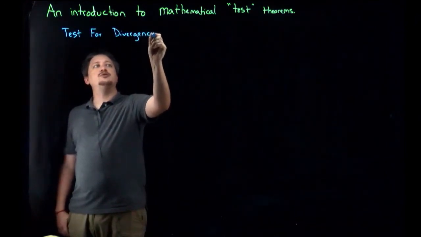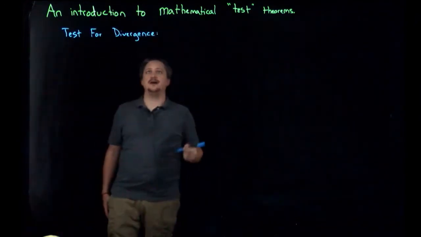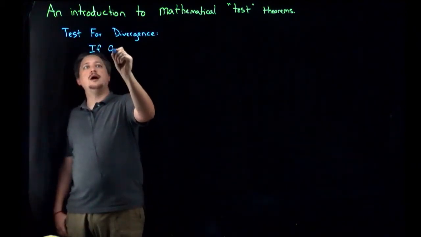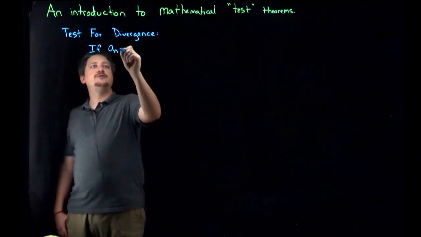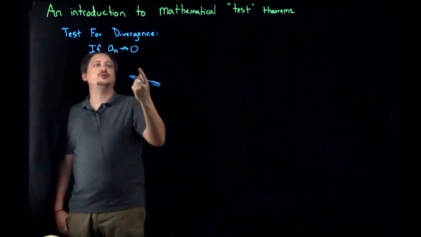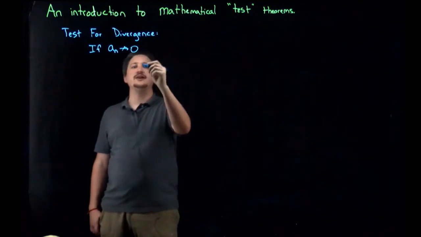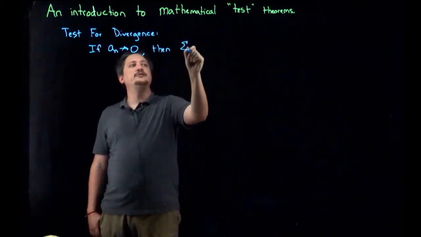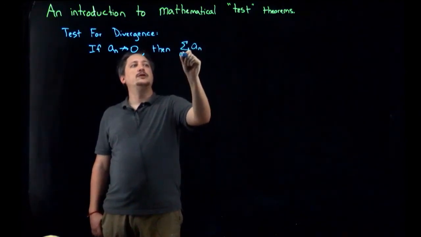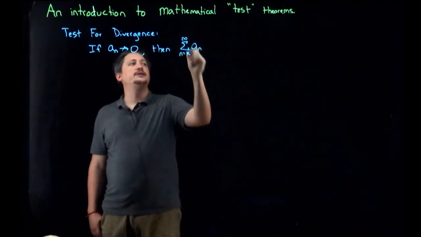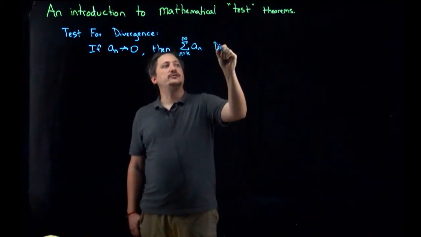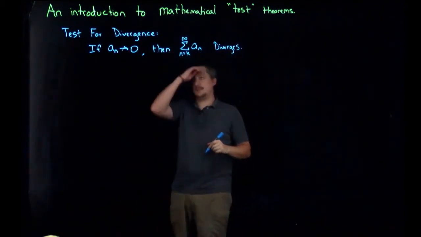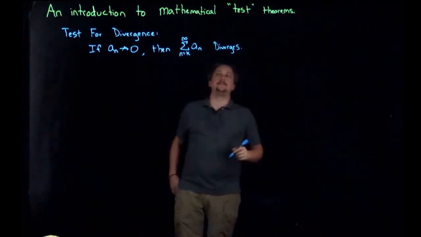And we mentioned the most common way to apply this is the contrapositive, so I'm just going to write that directly, which is that if a_n does not go to 0, the limit as n goes to infinity of a_n is not 0, then the series of a_n for n going from wherever it starts to infinity diverges, or does not converge, whichever way you want to write it, okay? So it's an if and a then.